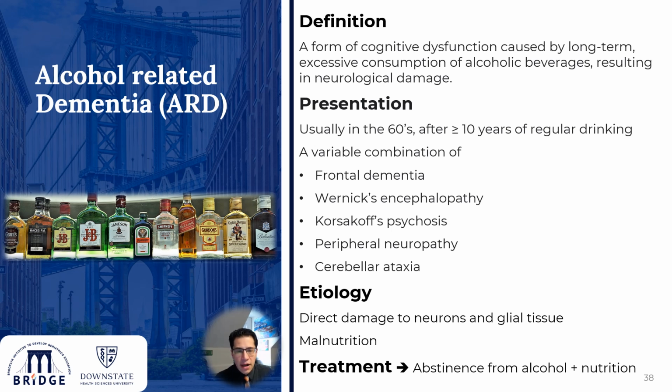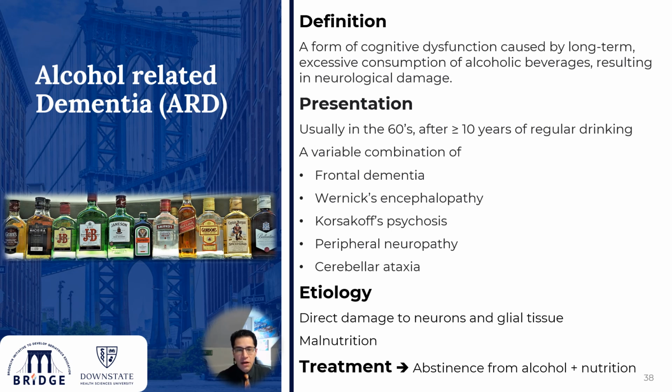So next is alcohol-related dementia, whose frequency is not really known. It's a form of cognitive dysfunction caused by long-term excessive consumption of alcohol, resulting in brain damage. Usually in the 60s, after at least 10 years of regular alcohol consumption.